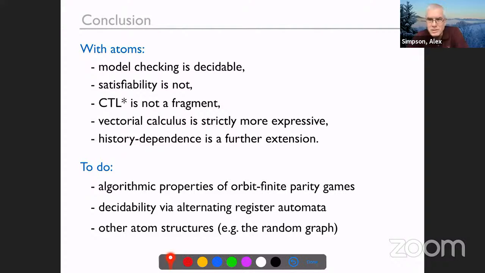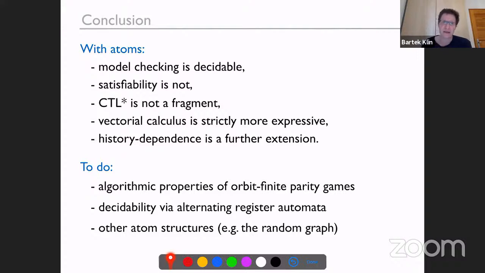And is there some sort of interesting grammar or something that generates all orbit finite models and only orbit finite models? Well, orbit finite sets are exactly those that are definable, in the sense of model theory, in the theory of atoms.